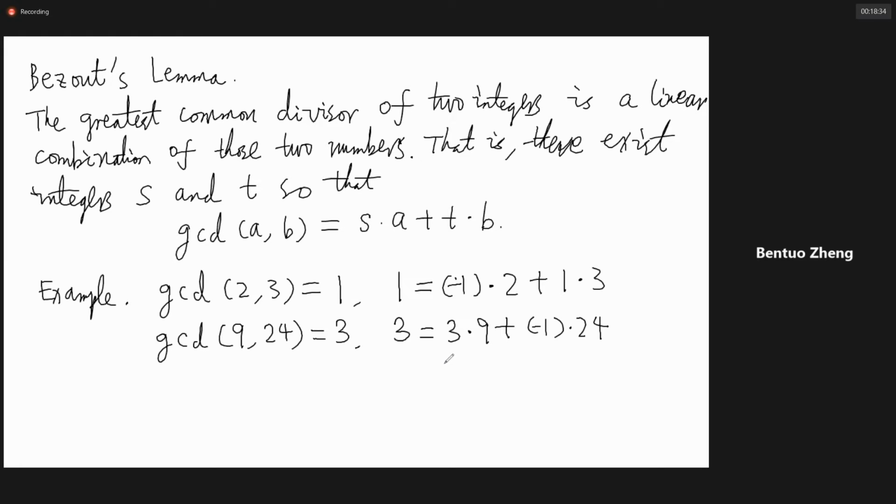Another thing to pay attention to is that this representation may not be unique. There could be different ways to represent the greatest common divisor. For example, in the first example, this 1 can also be written as -4 times 2 plus 3 times 3.